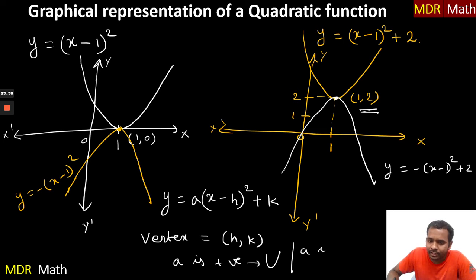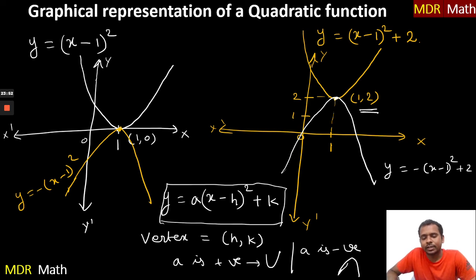If a is negative, it faces downwards. I hope you got it. These points you need to understand. That's why we have converted the quadratic equation into vertex form. The value of h represents the x coordinate of the vertex, and the value of k gives you the y coordinate of the vertex.